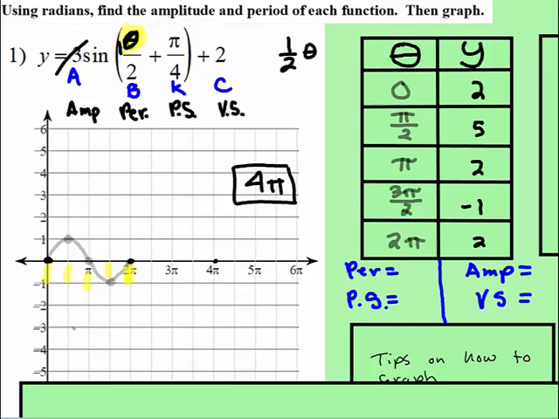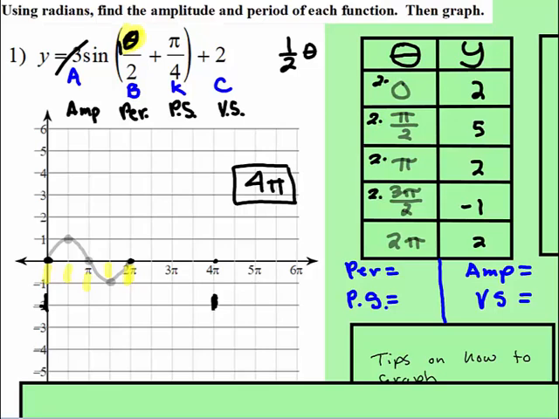If the new period is from here to here, how much longer is this compared to the original? Well, it's twice as long. So guess what? Twice means multiply. You can multiply each of those by 2.